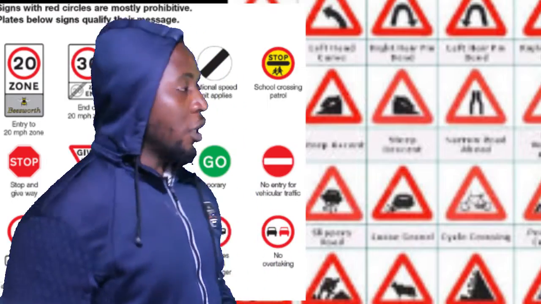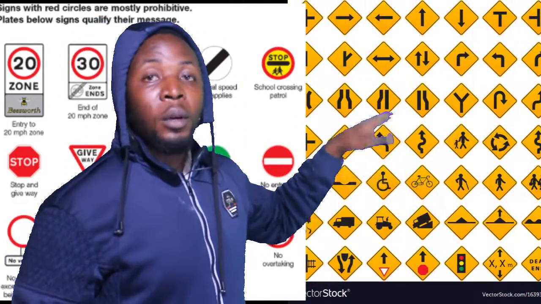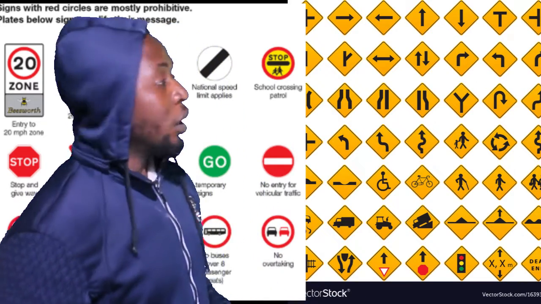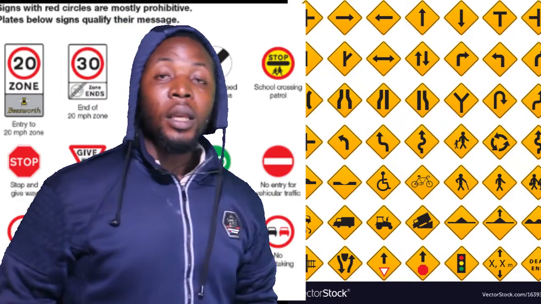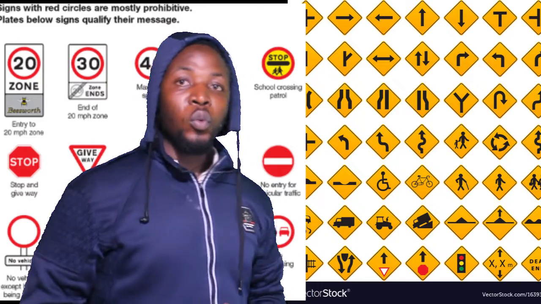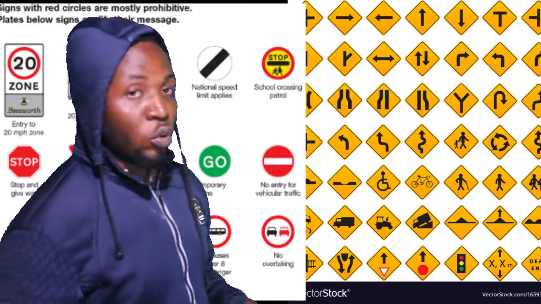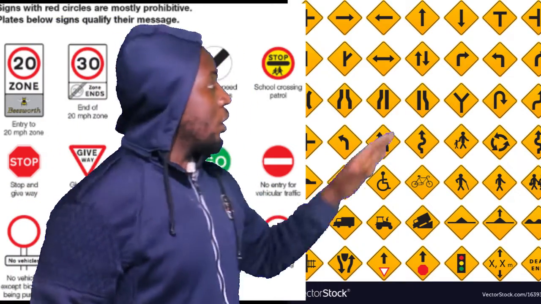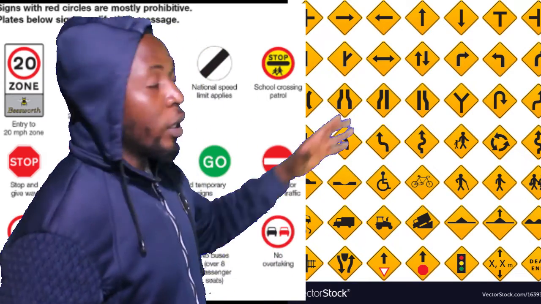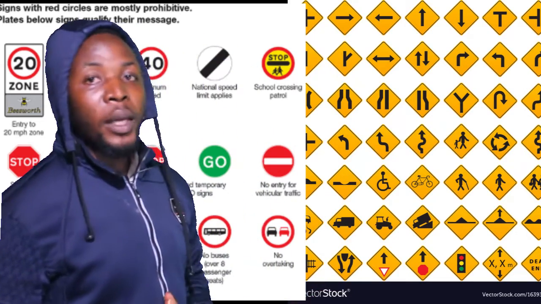Nigeria also has another shape, but the background is not orange like this one; the background there is green. You just have to know the shape. These are the warning signs, and they warn you about the things you are going to meet ahead.